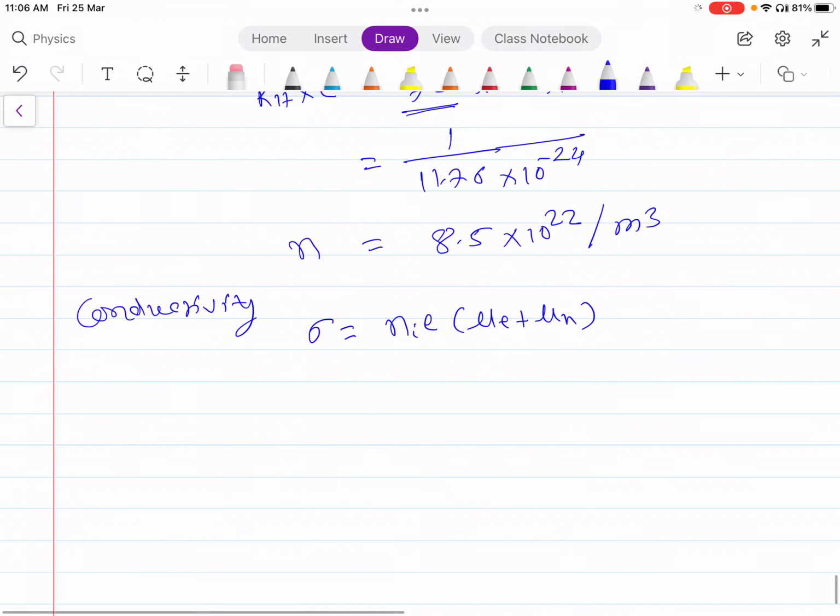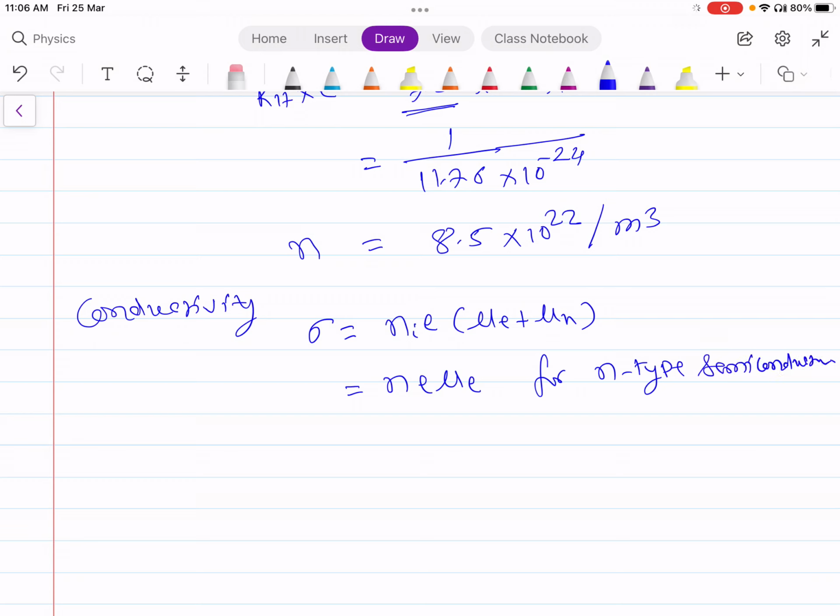But this is n-type semiconductor, so this is equal to ne into mu e for n-type semiconductor, and that is sigma. And what we have to calculate is mu e, which is equal to sigma upon ne.